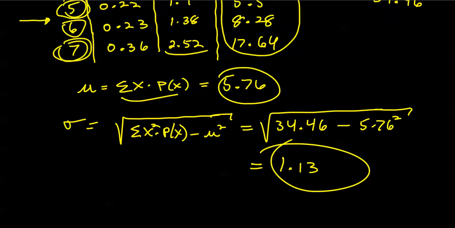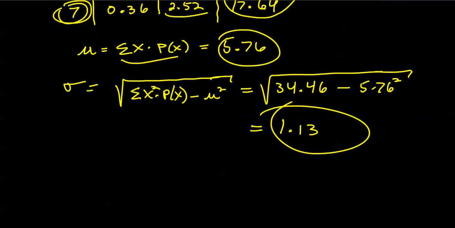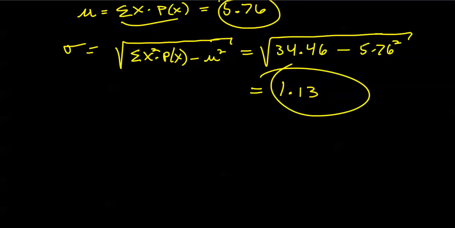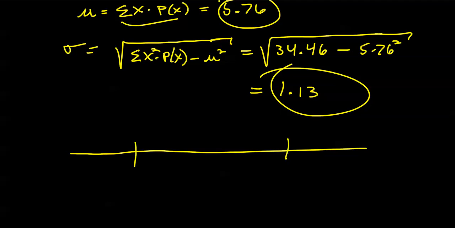Now I have to ask myself, is a game length of 4, sweeping the World Series, unusual? Let me make a mini number graph here. Remember, if you're more than 2 standard deviations away from the mean, high or low, you are unusual in your result.